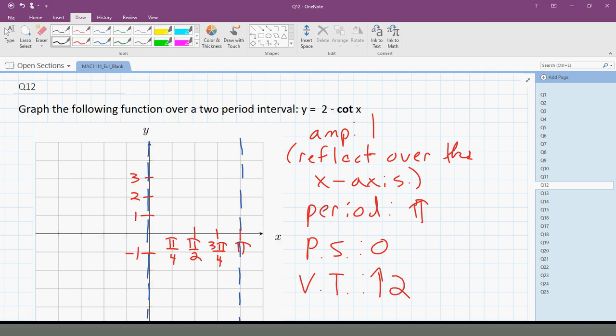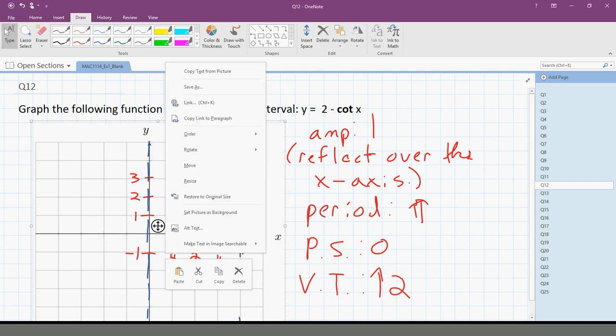But because we are reflecting, where would it start then? At negative 1. And because we have a vertical translation, we move up 2 from negative 1. Does that make sense? Yeah, it'd be 1. At the middle, the pi over 2, usually that's 0. But because we are moving up 2, where do we go?